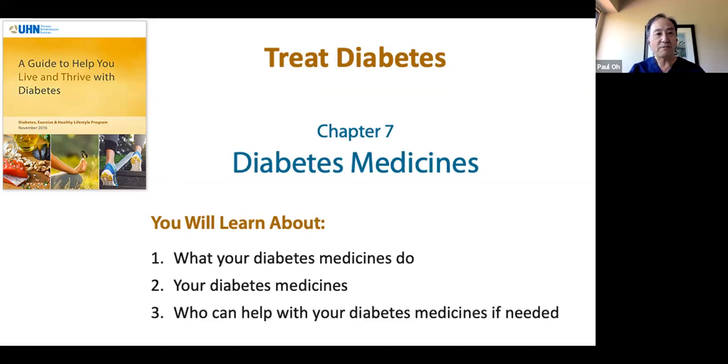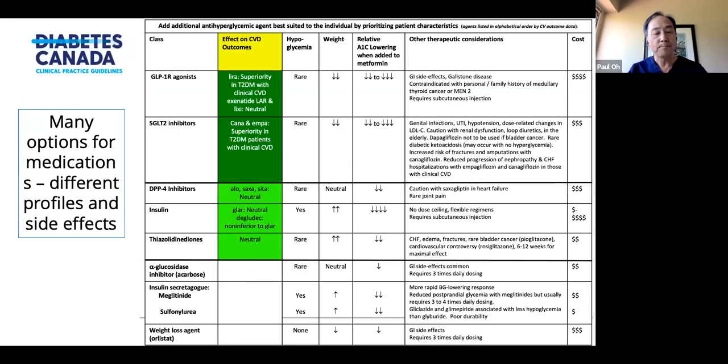Chapter 7 of the diabetes guidebook is all about diabetes medications. What do these medicines do? What are they? What's good or bad? And who can help you with more information about your diabetes medicine? That's a longer, more fulsome review after this section that we might invite you to. And we'll also touch upon other reference sources.